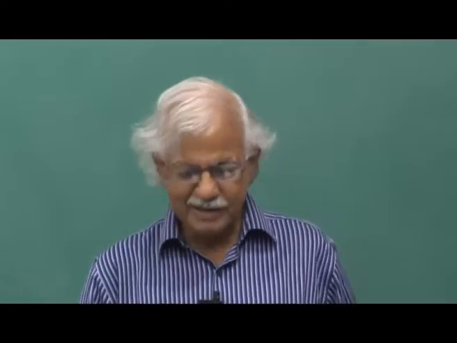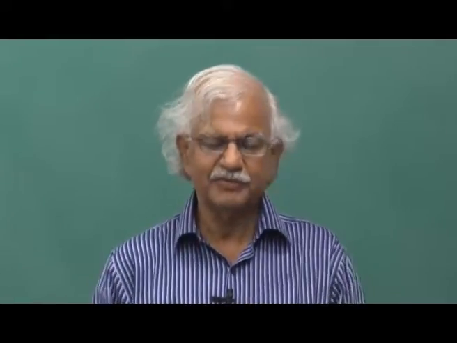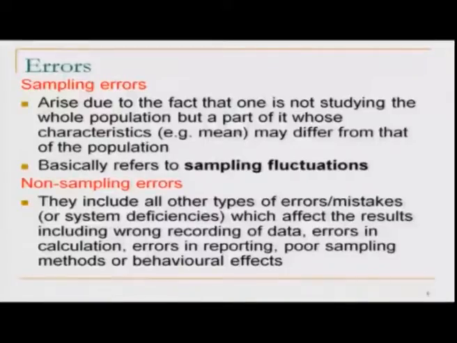Now, in sampling there are some errors. We define errors into two broad categories: sampling errors and non-sampling errors. Sampling errors arise due to the fact that one is not studying the whole population, but a part of it, whose characteristics, for example, mean or variance or correlation coefficient between two characteristics, may differ from that of the population.